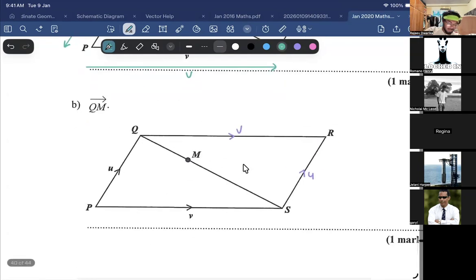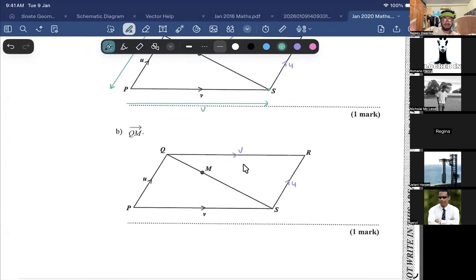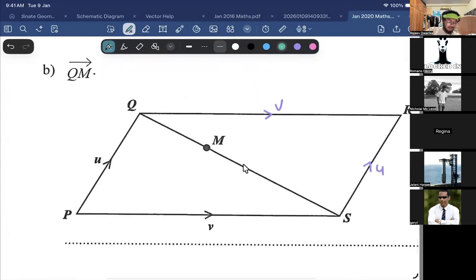Practice. Right? Okay. Q to M. Who knows more Q to M? Gary, you was in the question. Gary, you there? Gary? Yes, sir.